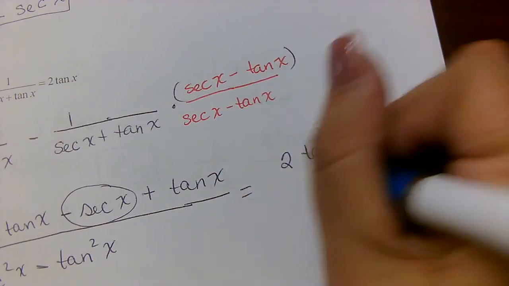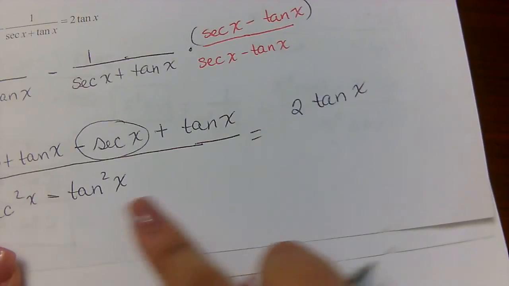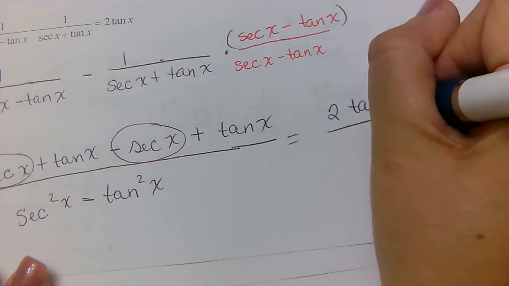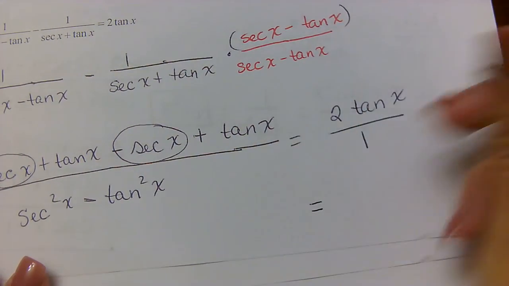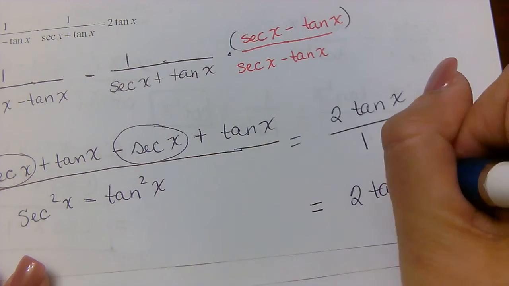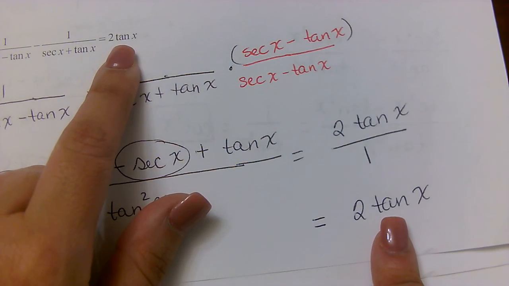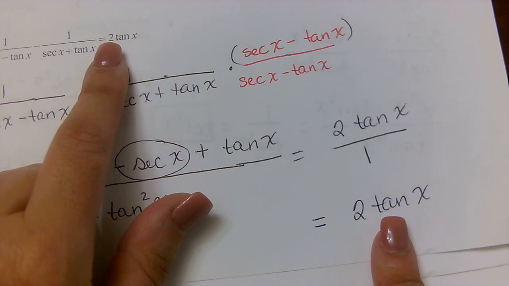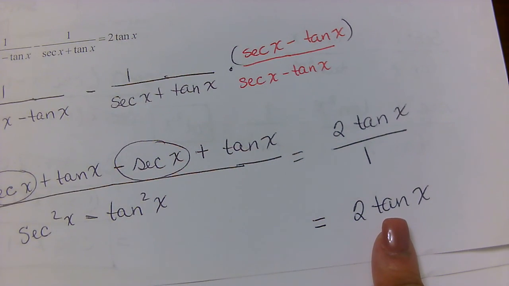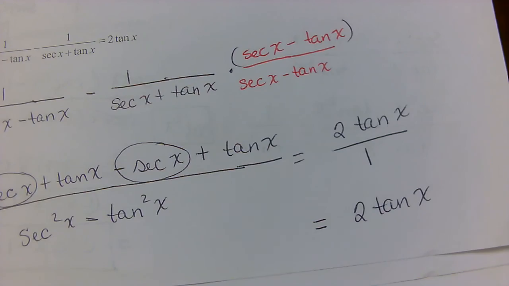So this is the same thing as 1, and our answer here is just 2 tangent x. If you notice, it matches what we originally had. So yes, this is an identity. Okay, let's go on to the next one.